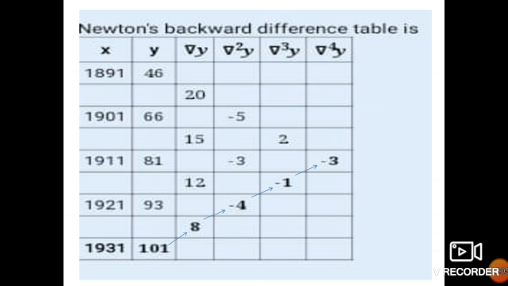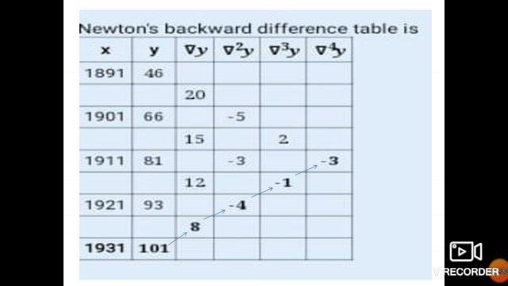So these are the column del y, the first differences. Similarly, the second differences are calculated by subtracting the two values, reverse subtraction. 15 minus 20 is minus 5. 12 minus 15 is minus 3. 8 minus 12 is minus 4.